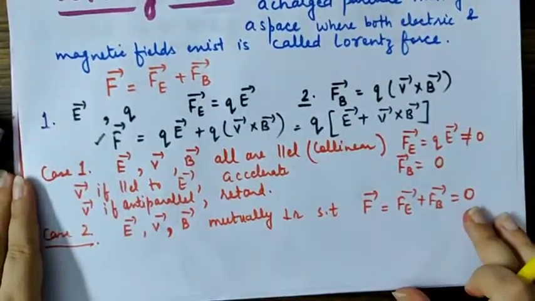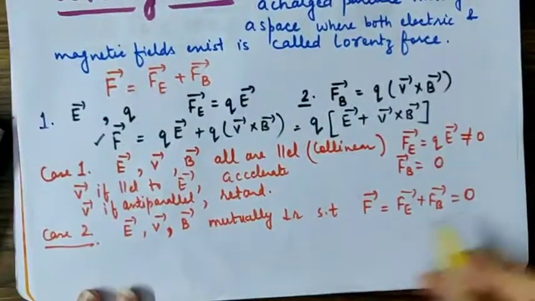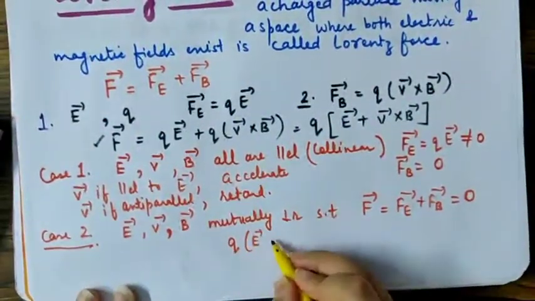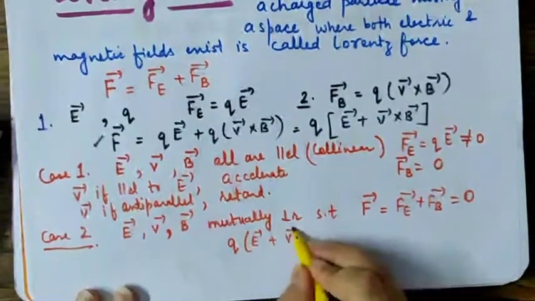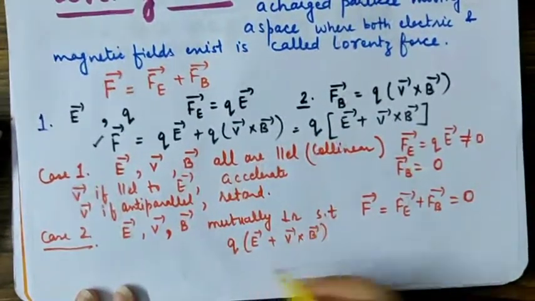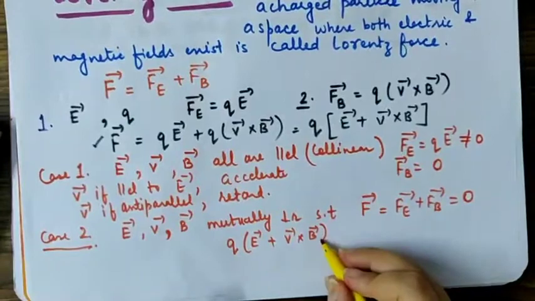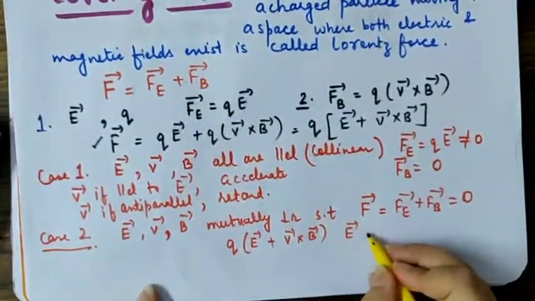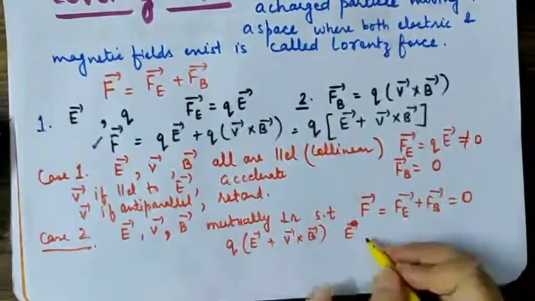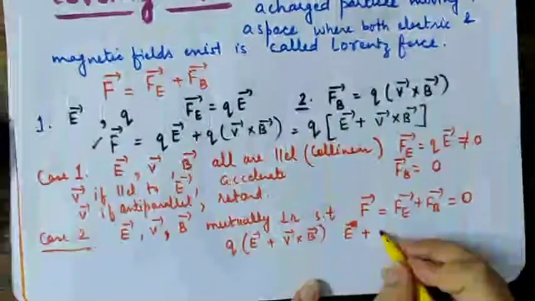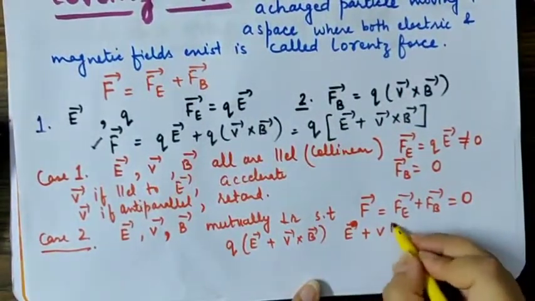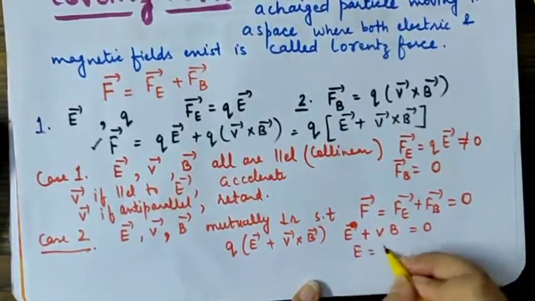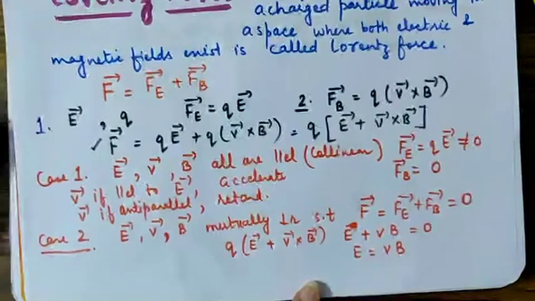Only then they both can cancel with each other. If the cancellation of this kind happens, then what will be the mathematical condition? It will be QE vector plus QV cross B equals 0. V cross B will be VB sine 90. Sine 90 is 1. So it will be E plus VB is equal to 0, removing the vector, and also removing the minus sign, because minus sign only tells us the direction.